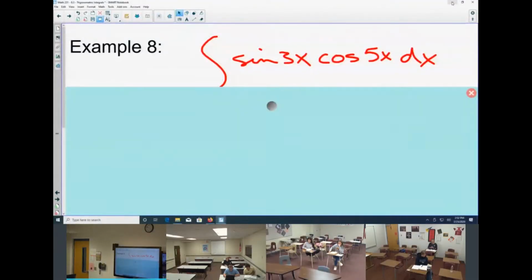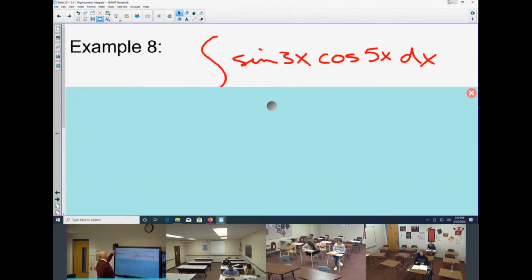So this last example, we have sine 3x, cosine 5x. When the arguments are different here, that's when you know to look for one of those formulas that you wrote down at the end of class.